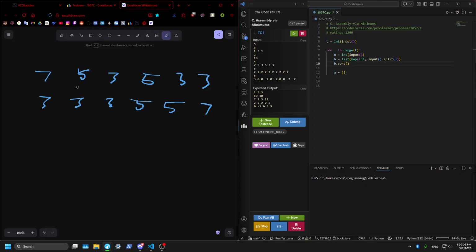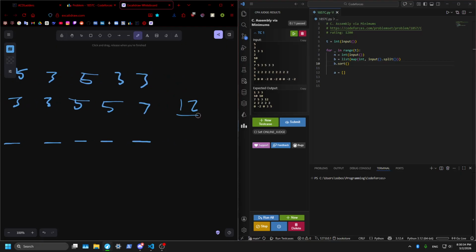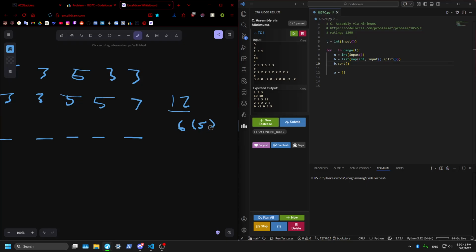Well, the length of this B, to get A, we take B times 2, 12, divided by 6, 5.